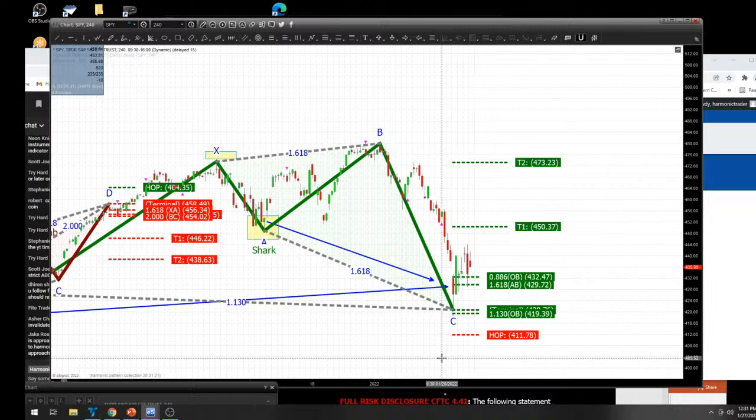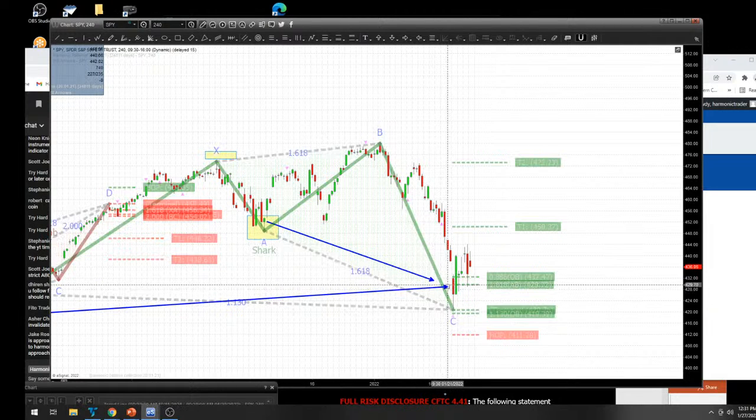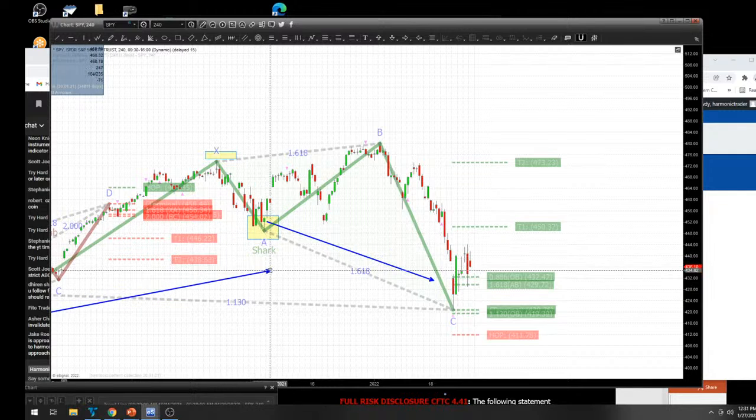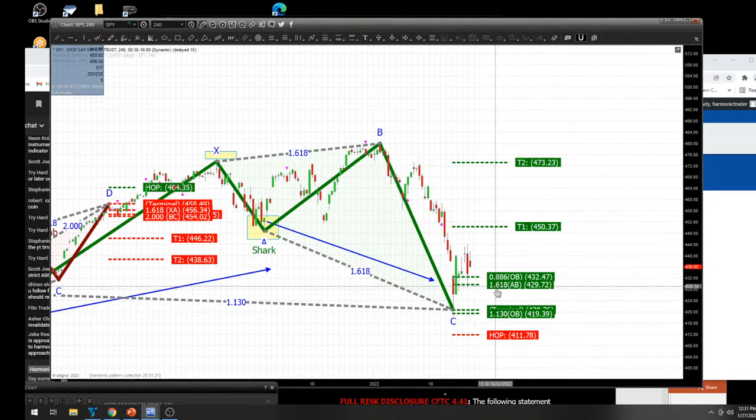Regardless, if your A point here was too deep, let's say your A point right there came down much lower, then your 1.618 would only be pushed lower, closer to the 113. We would favor it below the 113 anyway, so it's pretty much built in.